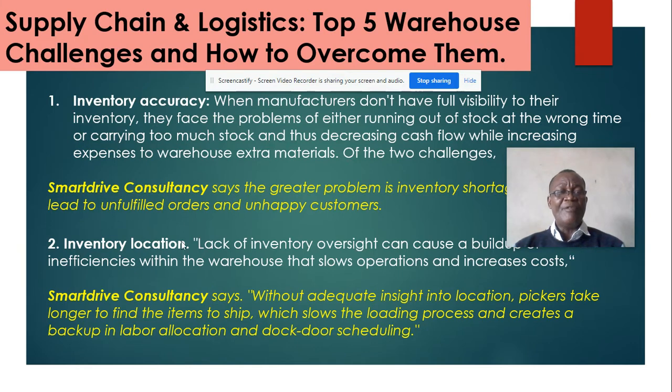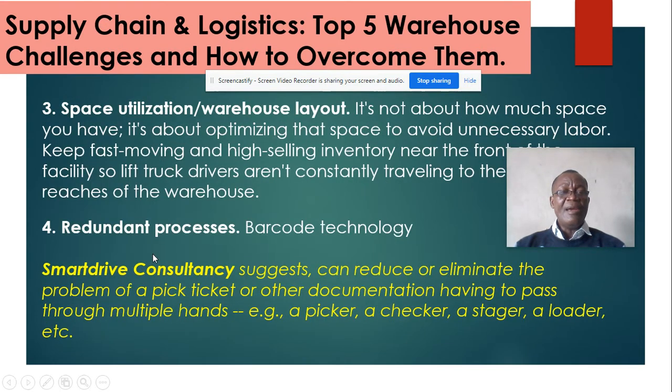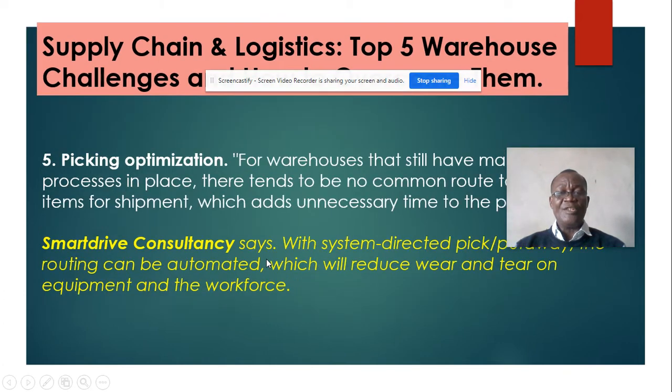I've already mentioned some of them before. Inventory accuracy: we're trying to see how we can get warehouse managers to be able to get accurate inventory location, and solve the inventory location problem. We also try to solve problems around space utilization, and redundant processes also being managed properly.